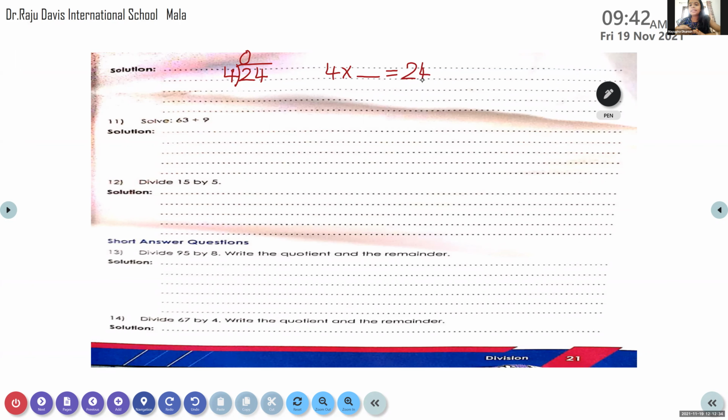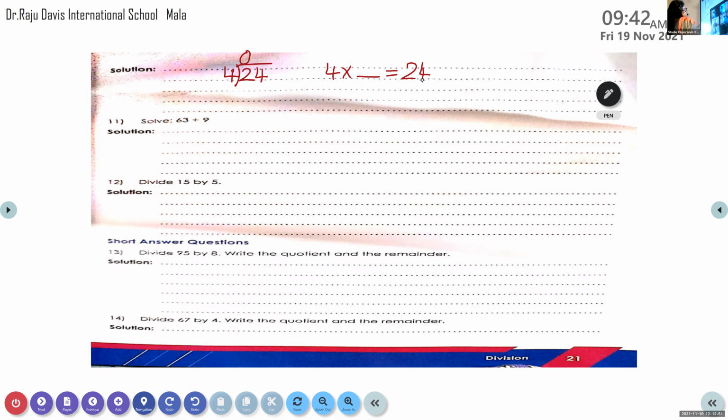Say the table of 4. 4 ones are 4. Yes. 4 twos are 8. 4 threes are 12.